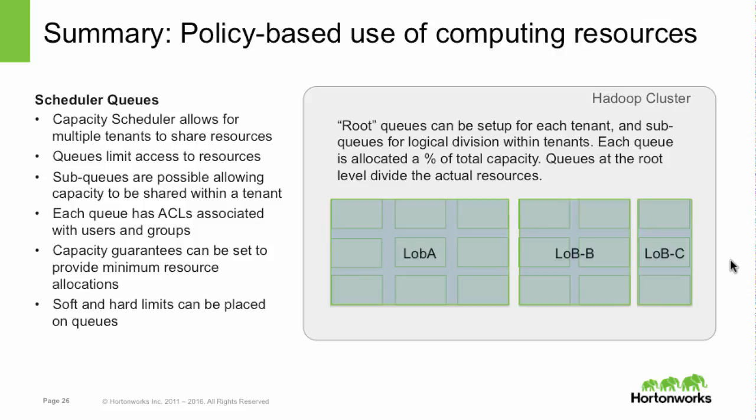Again, you can control whether that is a hard upper limit. So you have this notion of soft and hard limits that you can put on all these different queues. What I meant by that is, can I use more if it's available at that given time?